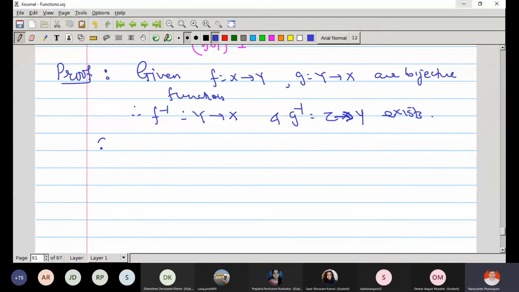Now, what is our claim? So the first claim is that g composite f from X to Z is bijective.